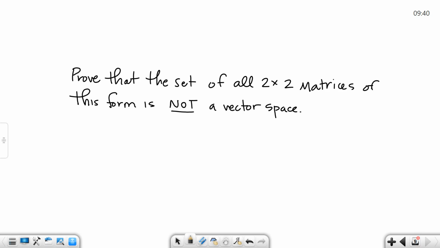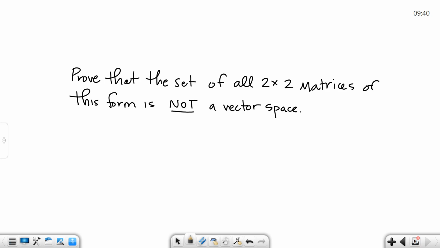Now, you probably haven't done much theory at this point, but in order to prove that something is not a vector space, all you have to do is find one little thing that makes it fail, just one. I'm not going to ask you to prove that something is a vector space, because you have to go through all 10 axioms, and it would take forever. I don't even do it in class. So on the test, I'm only going to ask you to do what's not a vector space.